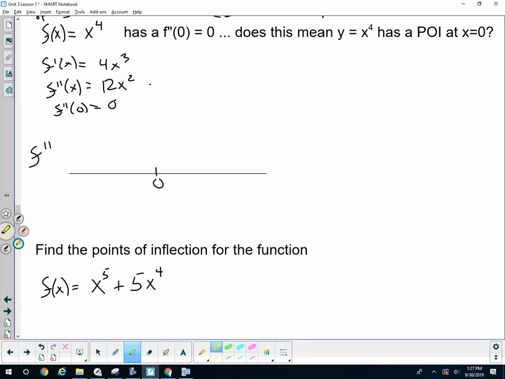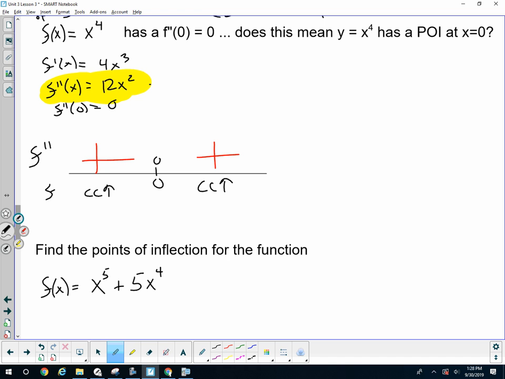But we can see, and it's pretty obvious since it's x squared, that if I plugged in test points into f double prime, to the right of 0 we're positive and to the left of 0 we are positive. That means f is concave up, then concave up. But there's a point at 0 where we have a 0, which means we have no concavity. That's interesting. How does that happen? I'll show you in just a second.